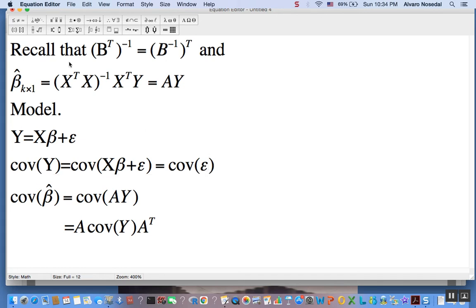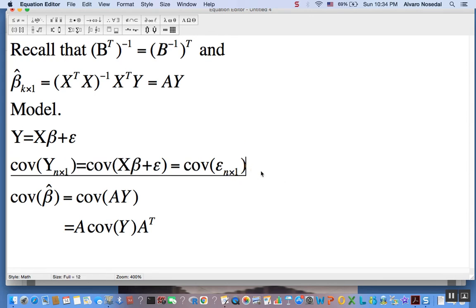Since epsilon has dimensions n by 1, we have n observations, so the error vector will also be n by 1, just like this one. The assumption is that the errors have mean 0 and variance sigma square.